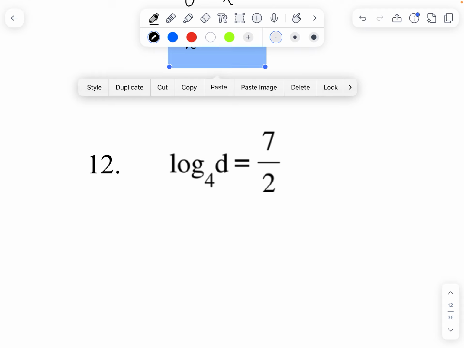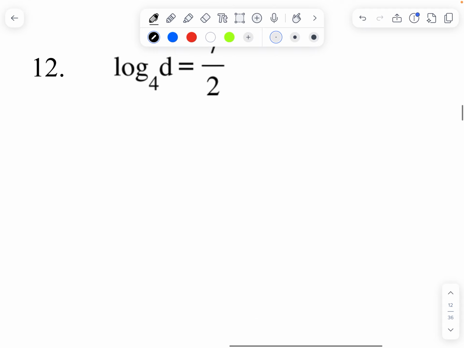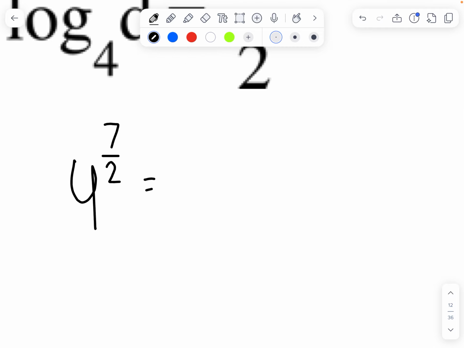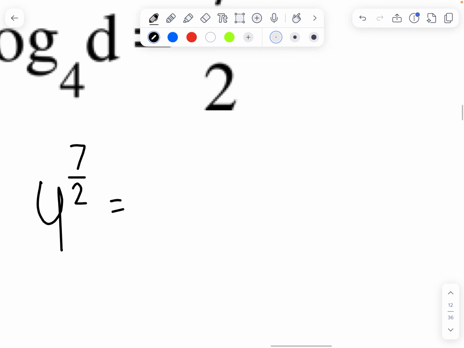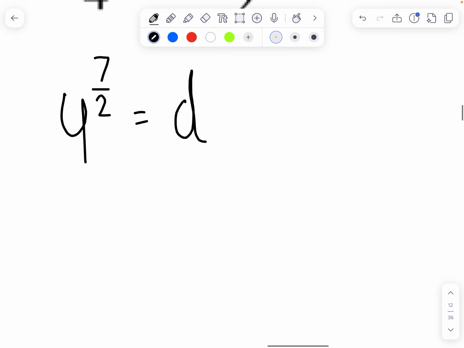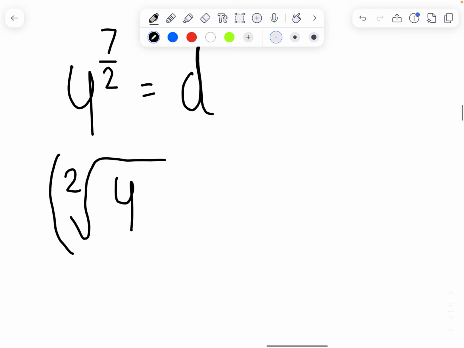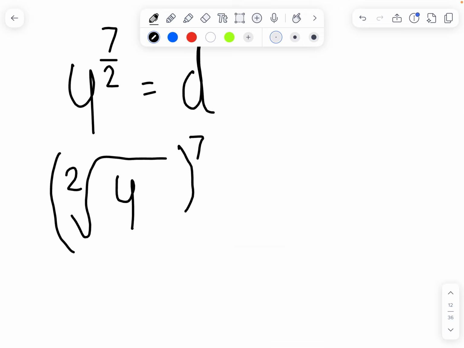So we need to convert this. So 4 to the power of 7 over 2 equals d. So then this would become the square root of 4 to the power of 7 equals d.